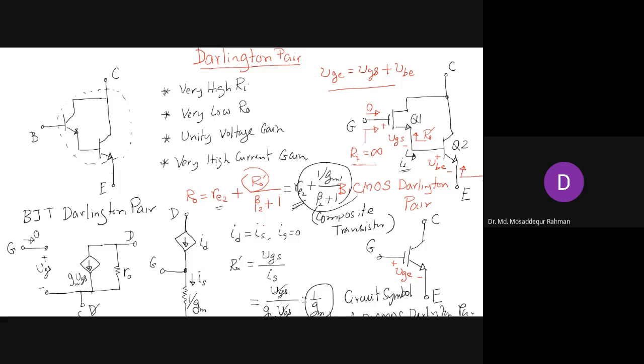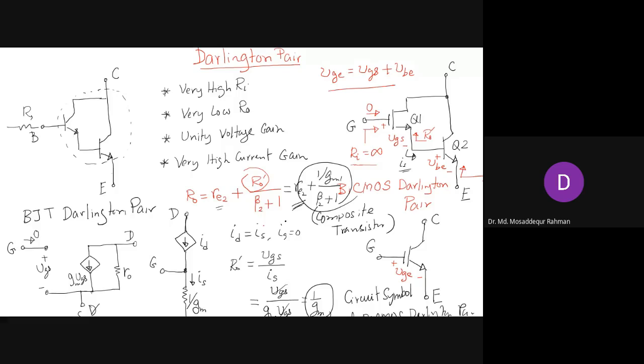Already re2 is also small. Compared with the two-stage common collector, the transistor Darlington pair, it is probably even lower, because in the transistor Darlington pair we have Rs, which will also reflect here in some part, though it gets divided by beta 2 plus 1 squared.